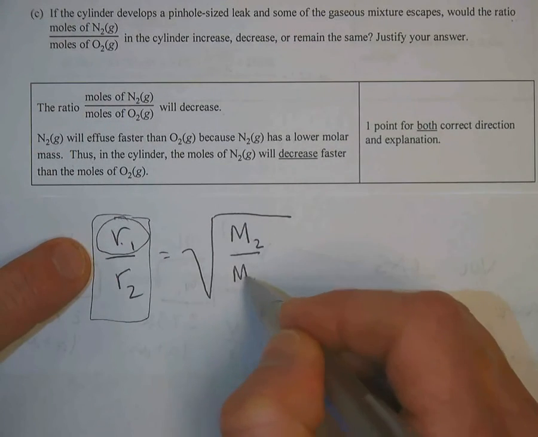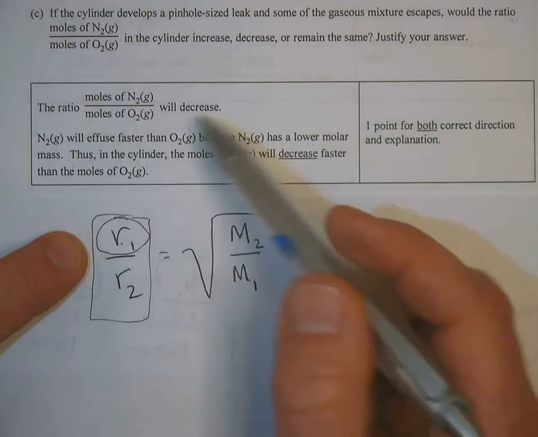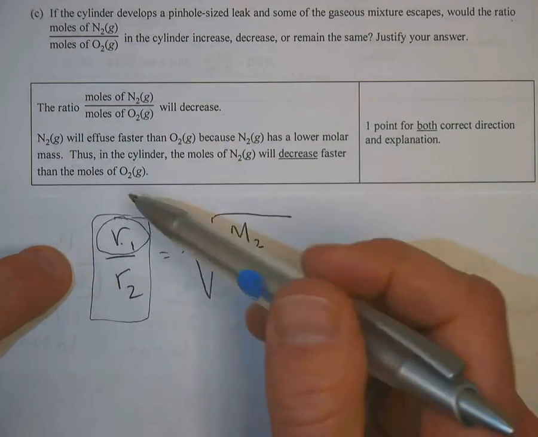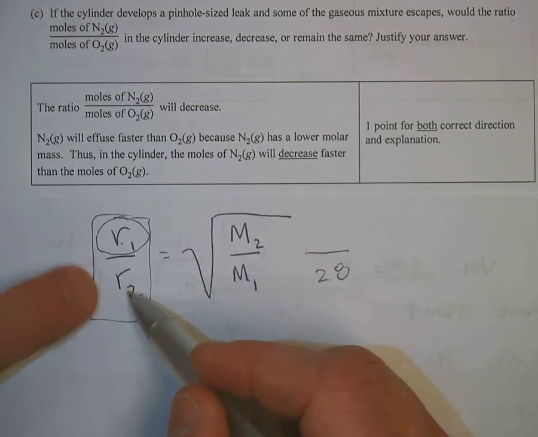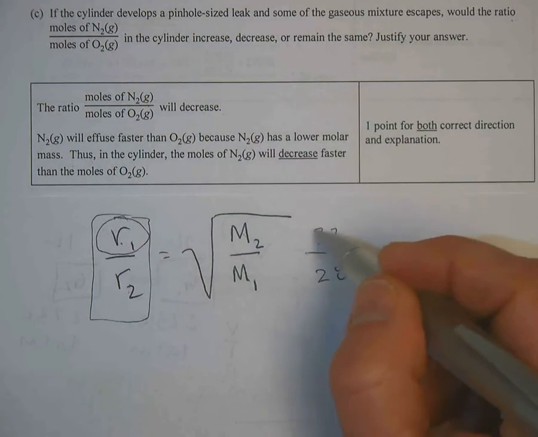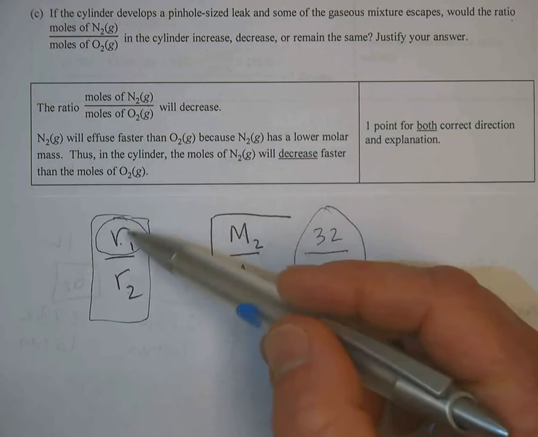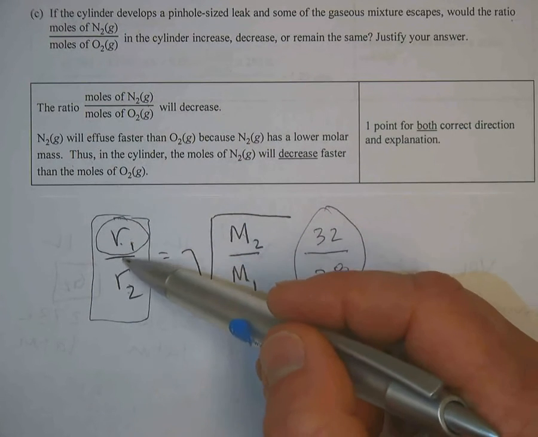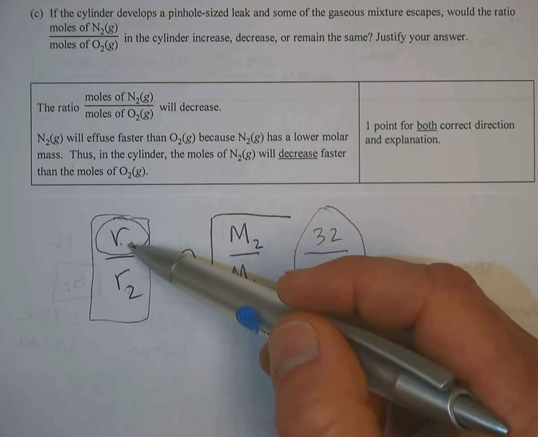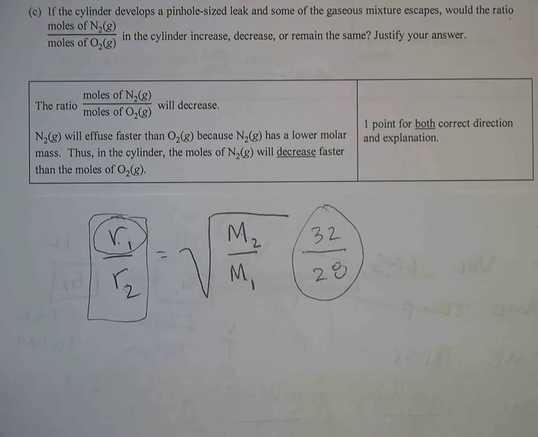Well, I put N2's molar mass down here, it's 28. And then I put the molar mass of O2 up right here, which would be 32. And so I can see that this would be a number larger than 1. And so N2 would have a rate of effusion that's faster than O2.